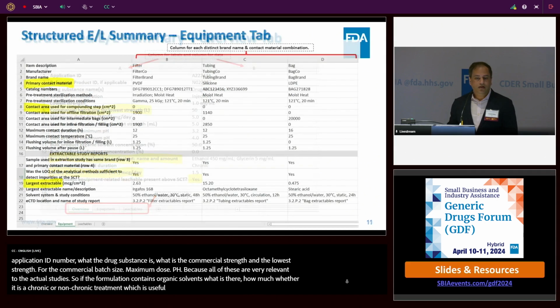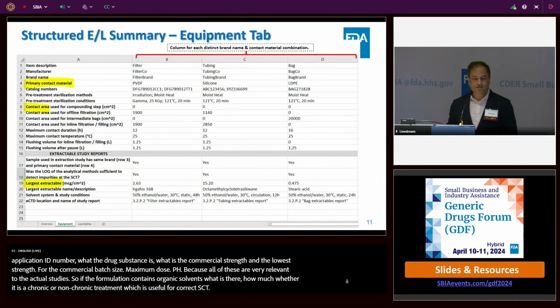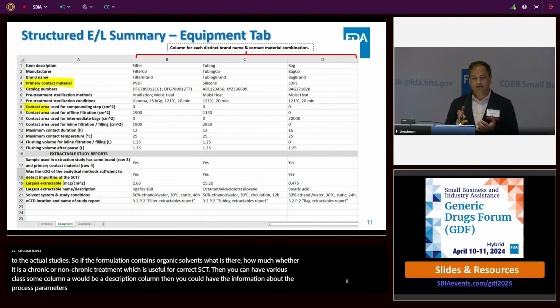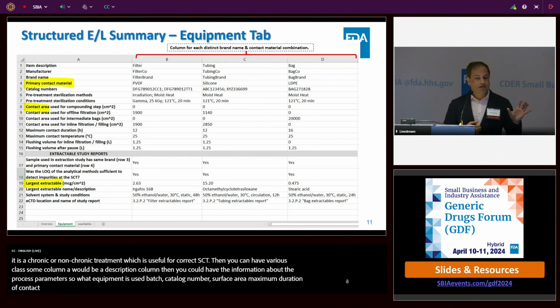Then you could have the equipment tab where you have various columns. Column A would be a description column. You can have the information about the process parameters. So what equipment is used, whether it's filter, tubing, bag, manufacturer, catalog number, surface area that's in contact with the bulk solution, maximum duration of contact, what the temperature for that particular unit operation is.